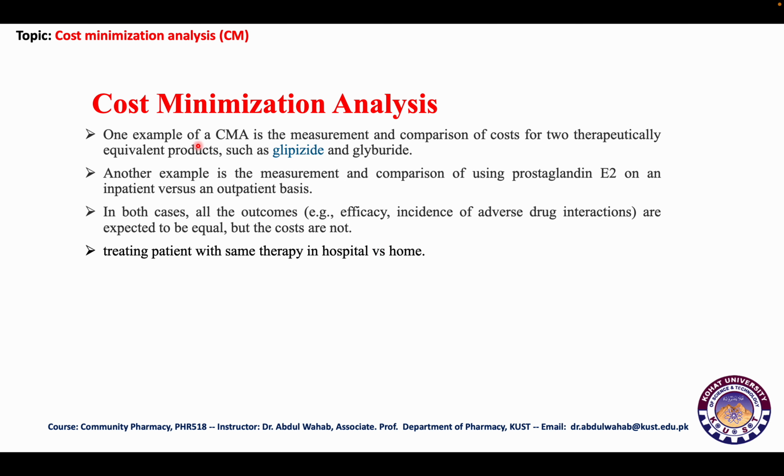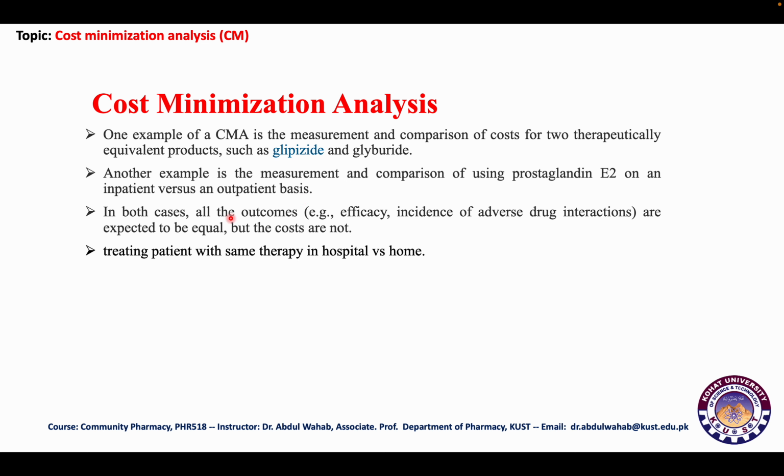One example of cost minimization analysis is the measurement and comparison of cost for two therapeutically equivalent products such as glipizide and glyburide. Another example is the measurement and comparison of using prostaglandin E2 on an inpatient versus an outpatient basis.